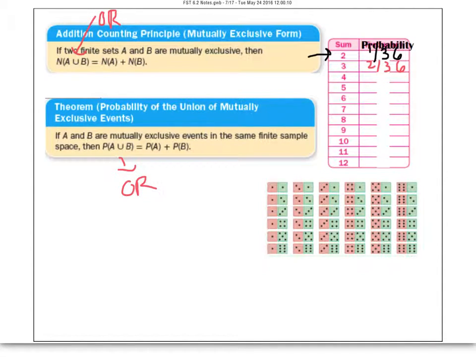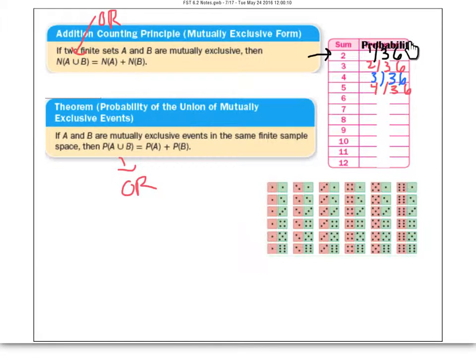The sum is 4: 1 and 3, 2 and 2, 3 and 1. 3 out of 36 for this one. Now the sum is 5, we're going to have a 1 and 4, 2 and 3, 3 and 2, 4 and 1. That's 4 out of 36. Now hopefully you start seeing a few patterns.